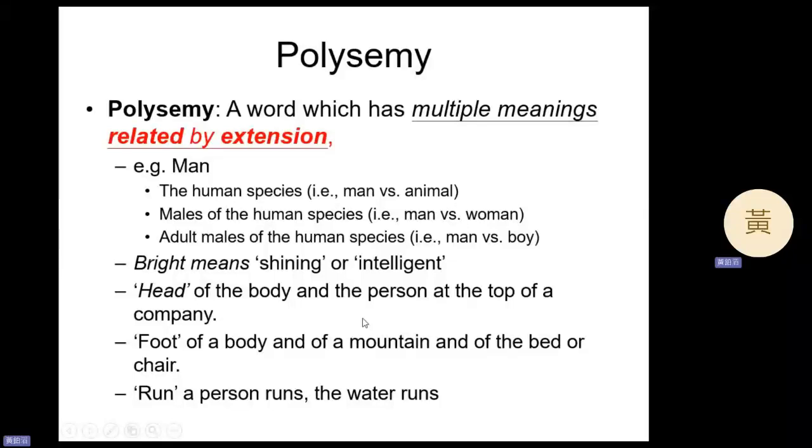It's also the same because head is part of our body, but it symbolizes an important part, right? So it does not only categorize under polysemy, but also another type of word sense relation, right? And also food, right? These two.